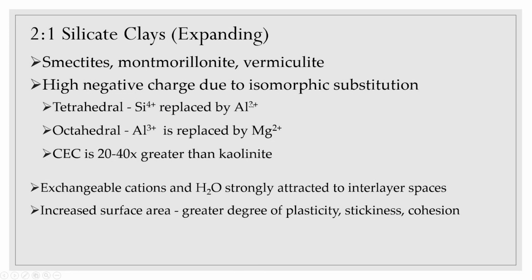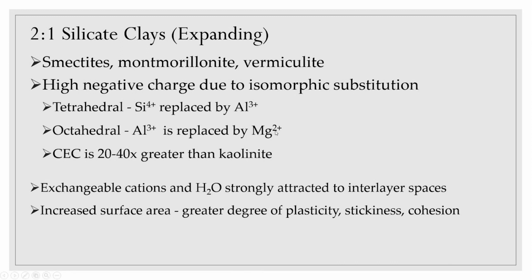But because this is a +3, when you see how we replace this, you'll see that we actually increase the number of negative charges on our soil. In the octahedral layer, aluminum 3 plus is going to be replaced by magnesium 2 plus.